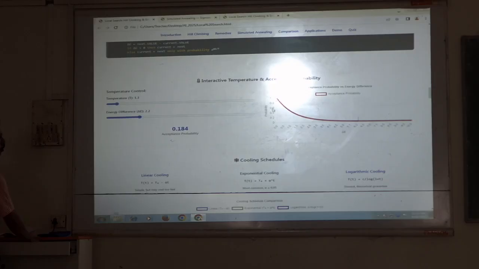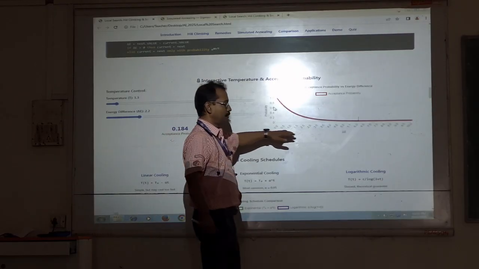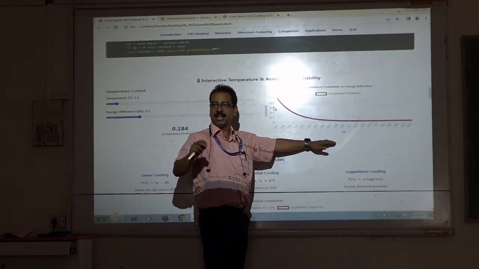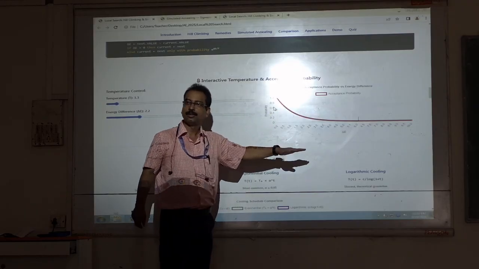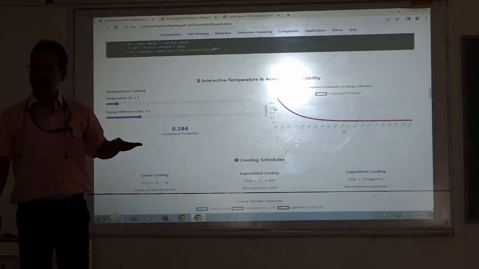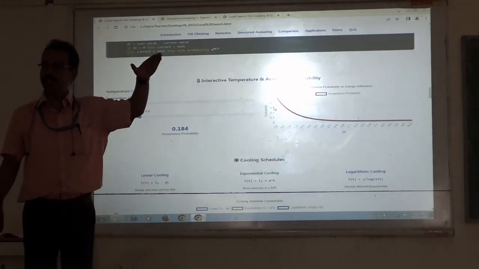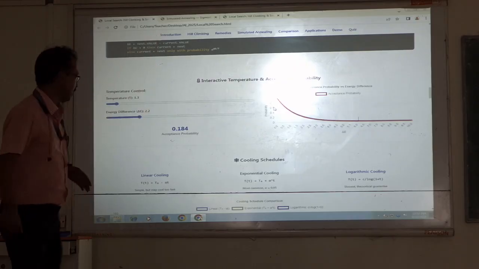This is my probability of selecting the worse move, P. Now see here delta E. As my delta E is minimizing, as I am cooling down, the probability of selecting the worse move is also lower. Are you understanding? Whenever my energy is high, probability will also be high.